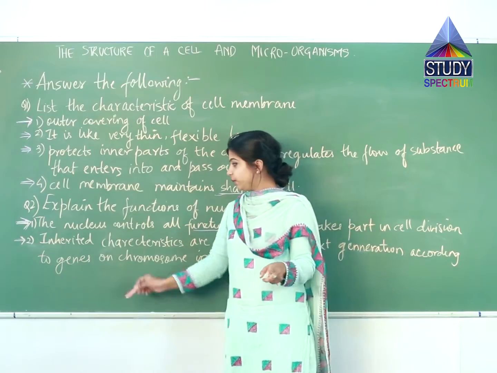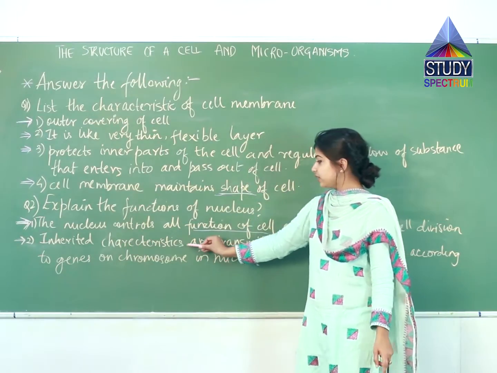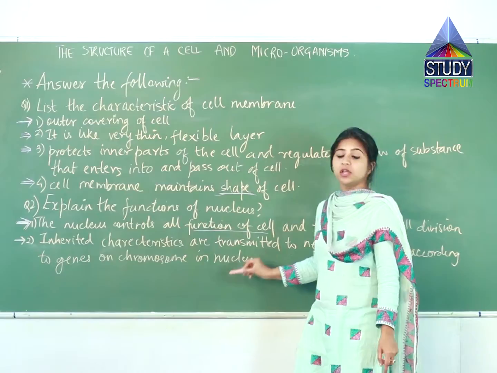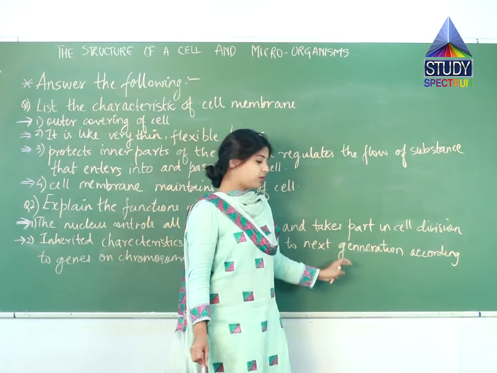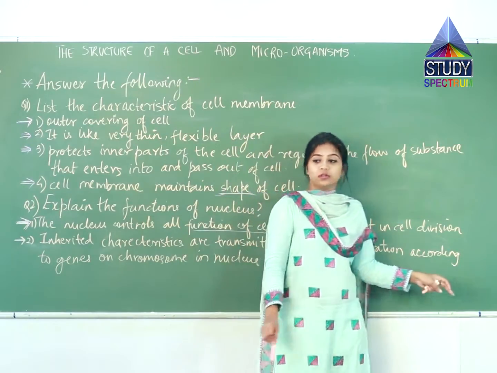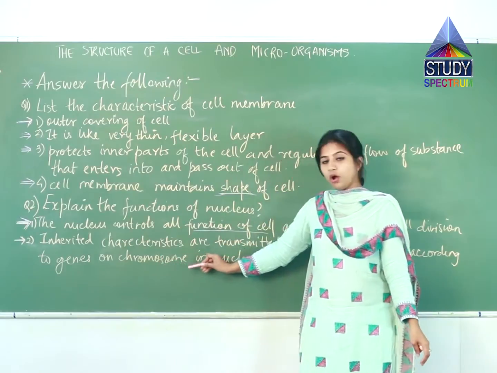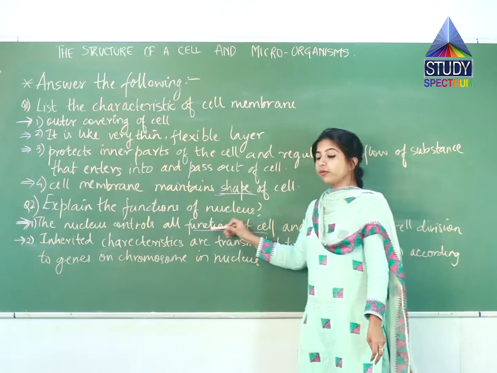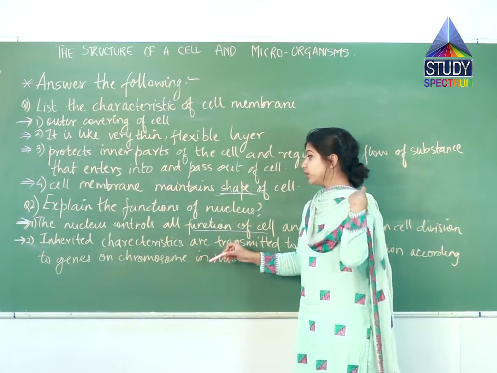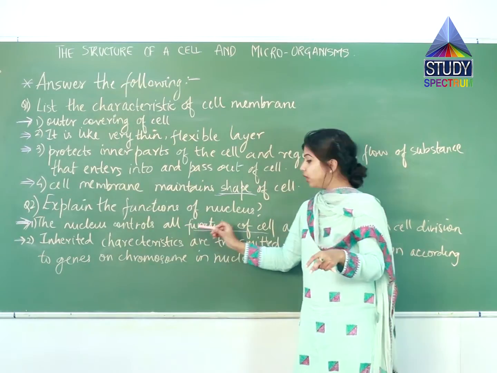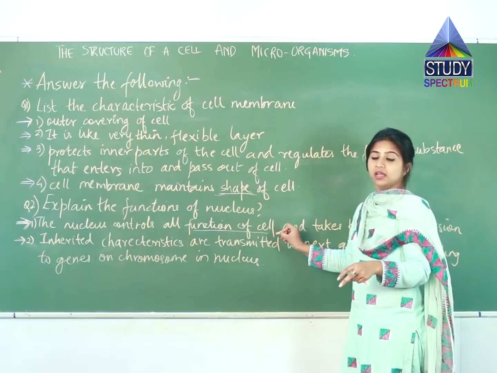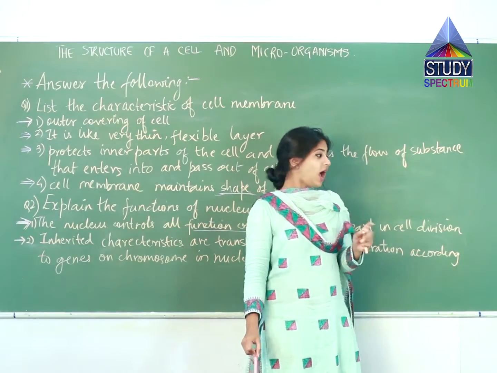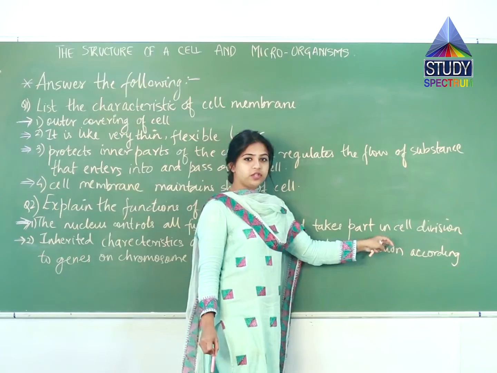The next one would be the inherited characteristics are transmitted to next generations according to the genes on chromosomes in the nucleus. So we'll repeat this answer once again. The nucleus controls all the functions of the cell and takes part actively in cell division.